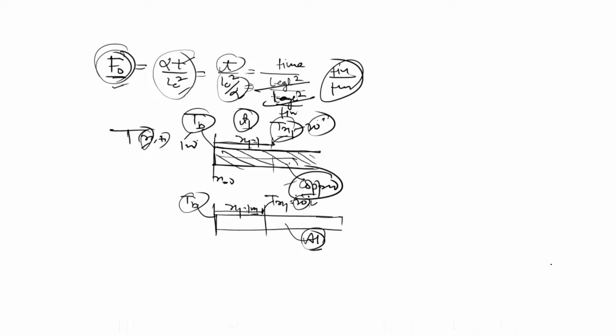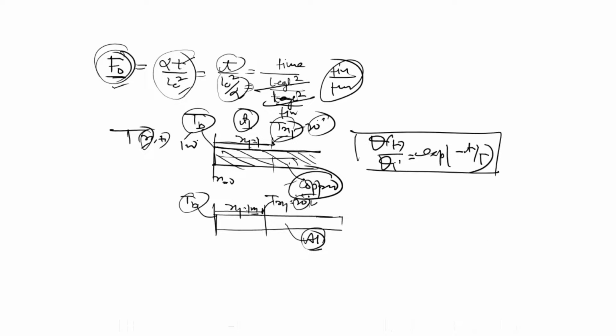Since it is non-lumped system, I can't use the formula theta T over theta I equal to exponential minus t upon tau. First of all, try to understand it. This formula is only valid for lumped system.